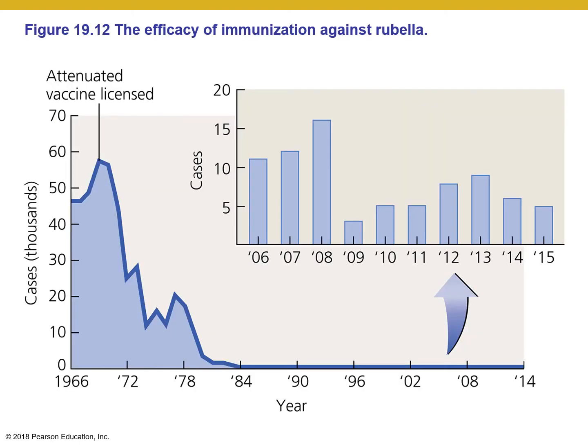When we look here, from 1966, maybe 1967, we had a peak in disease. The vaccine was licensed and given to the population. And look how over the next 10 years the number of cases dwindled down to basically nothing.